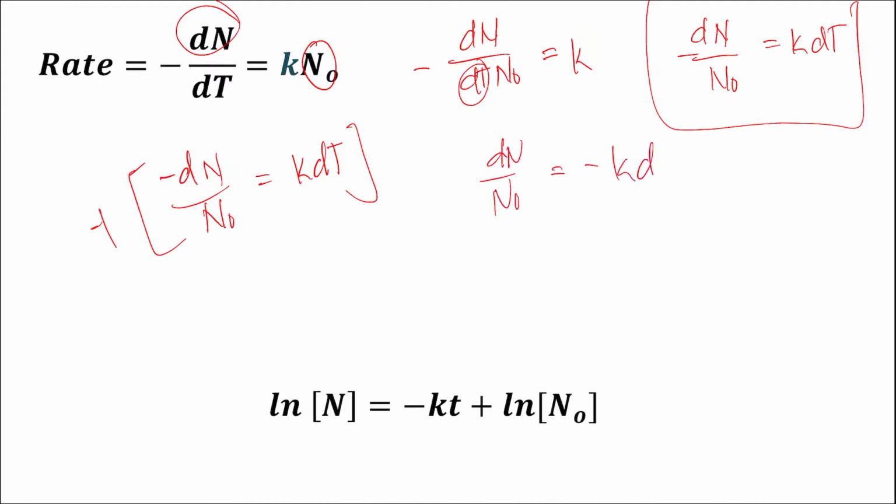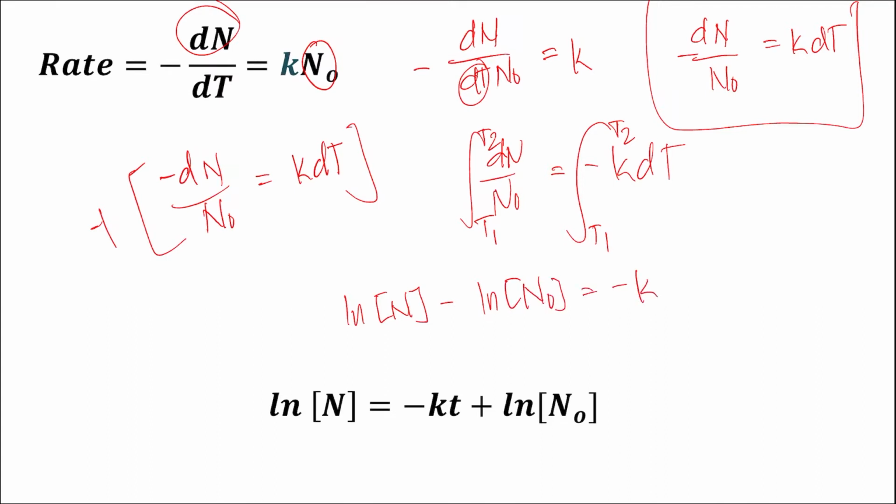Integrating this equation with respect to time, from time 0 to time t, giving us ln n minus ln n0 is equal to negative kt. Then itatranspose lang natin yung ln n0 dun sa right side of the equation. Magiging positive siya, and then the final equation is this.